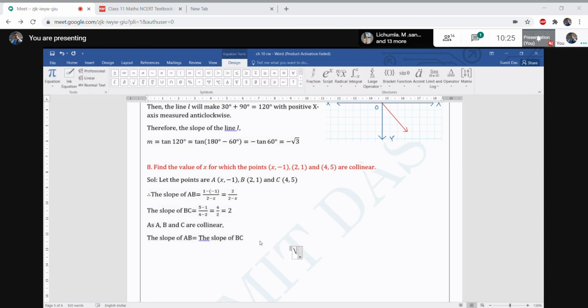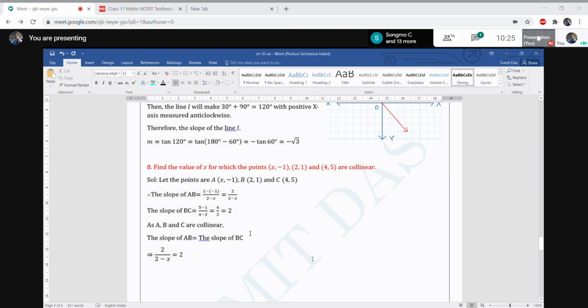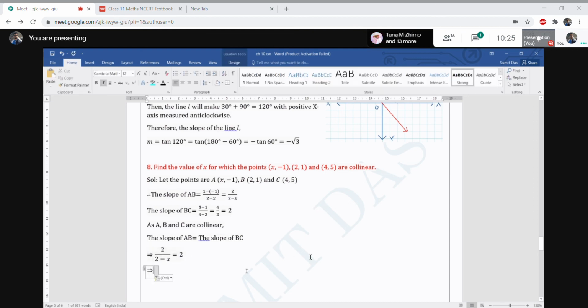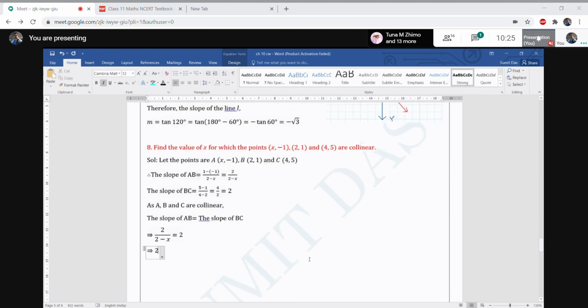Therefore, we got 2 divided by 2 minus x, which is equal to 2. If you simplify this, it will be 2 equal to 4 minus 2x.